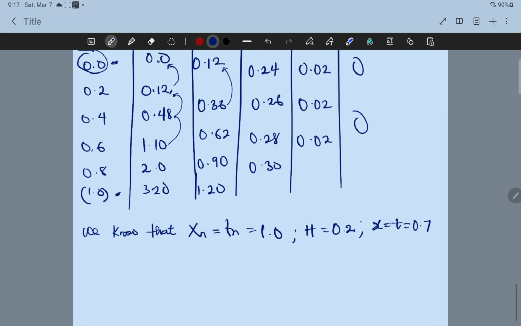And so we have u equal to x minus xn over h: 0.7 minus 1.0 divided by 0.2. Our answer there is minus 1.5.